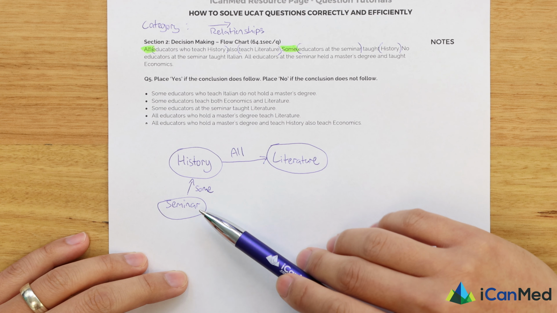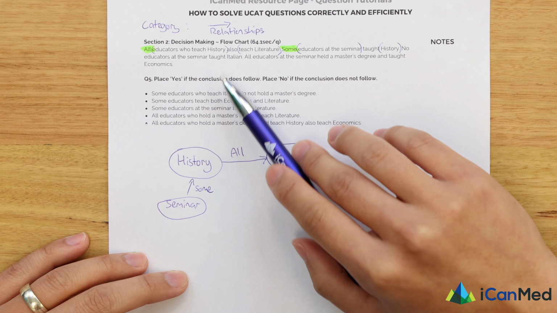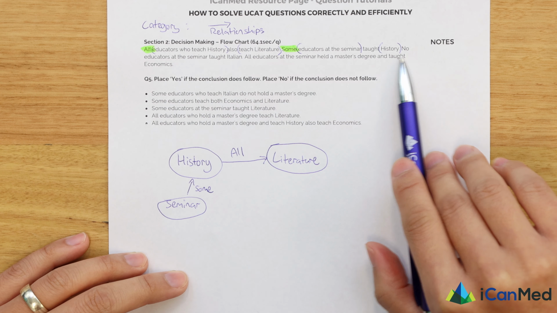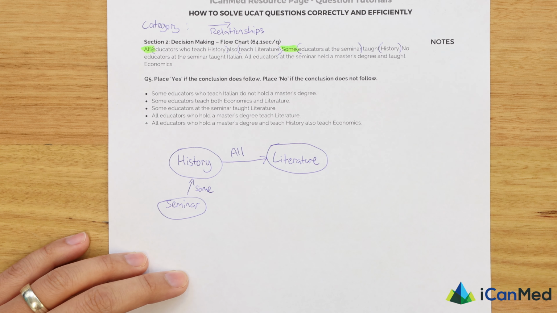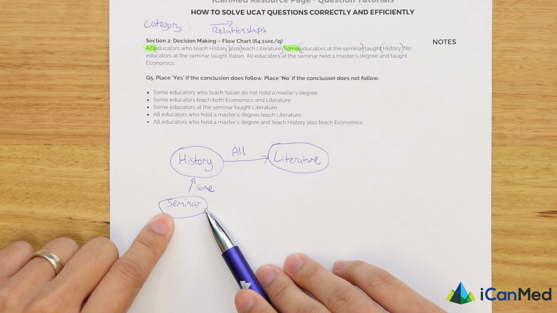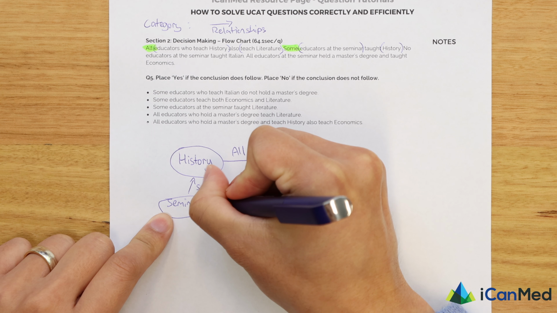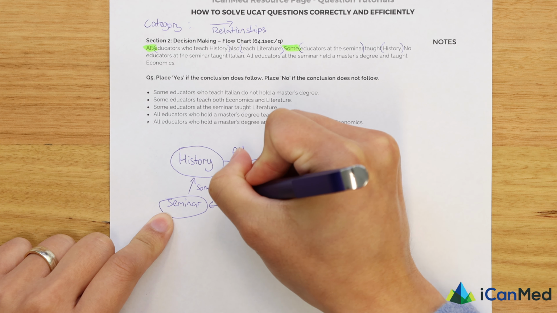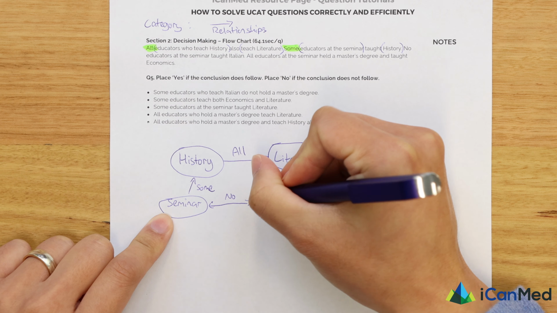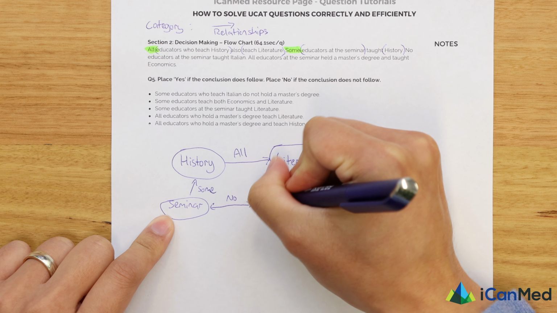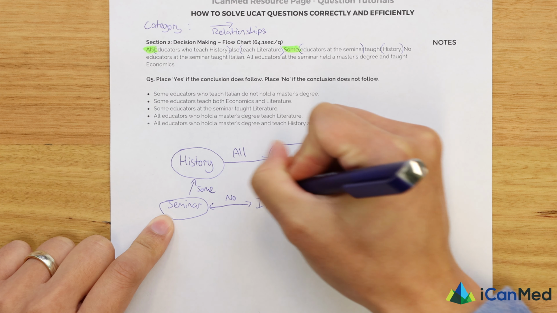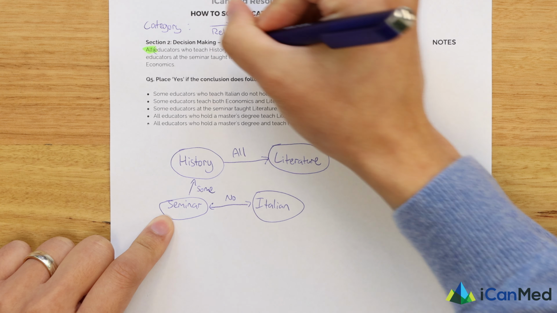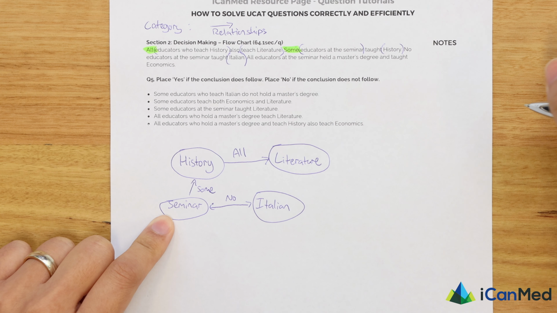All right, so the next sentence, no educators at the seminar taught Italian. So we already have seminar there. None of them taught Italian. So there is that bubble there.